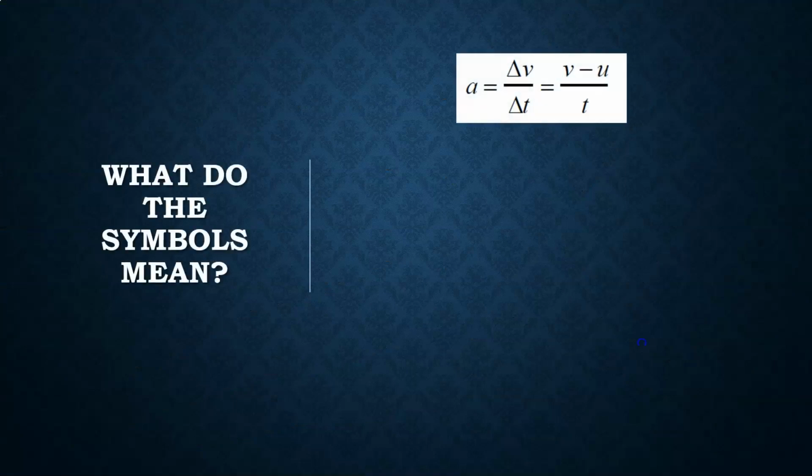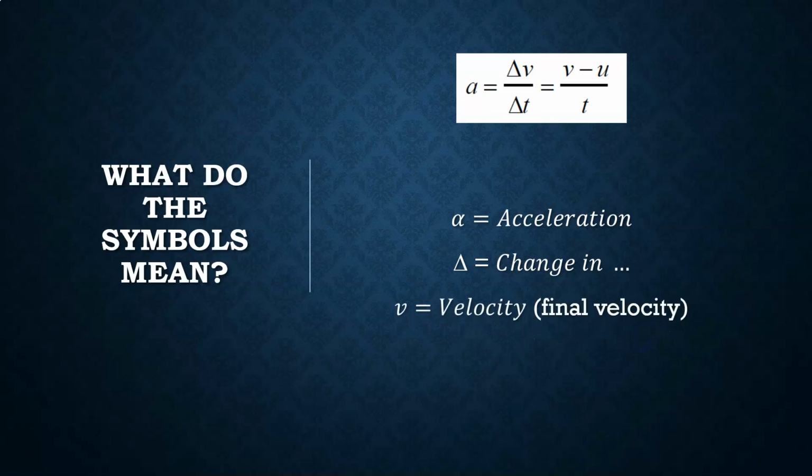All right, let's have a think. We've got this equation. What do all these symbols mean? So the A is acceleration here. That triangle is delta, and that means changing. V here means velocity. In this scenario, it's the final velocity. T is time. The U is initial velocity.